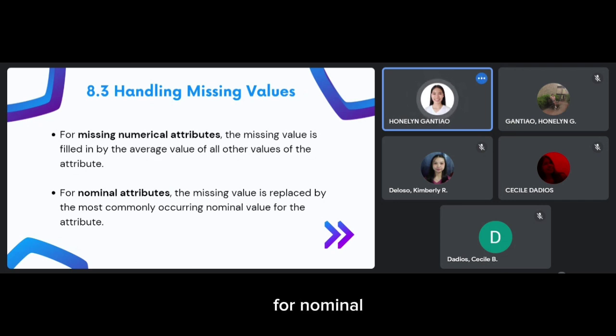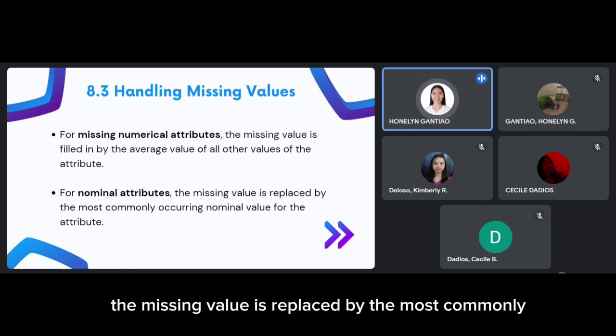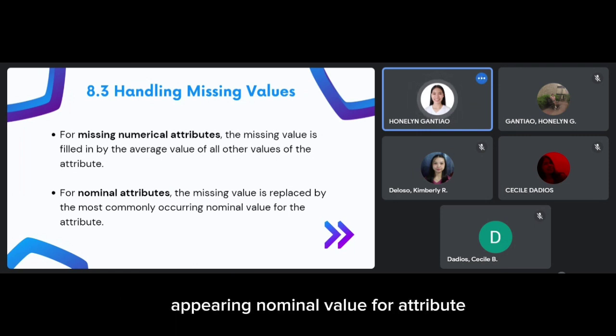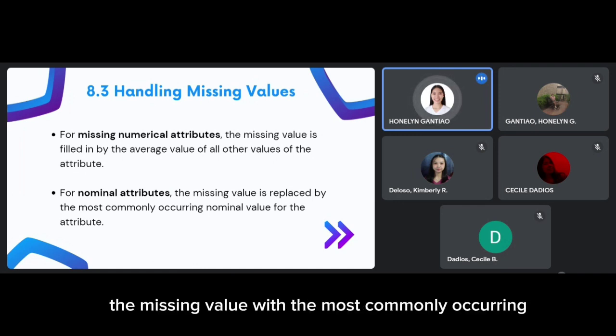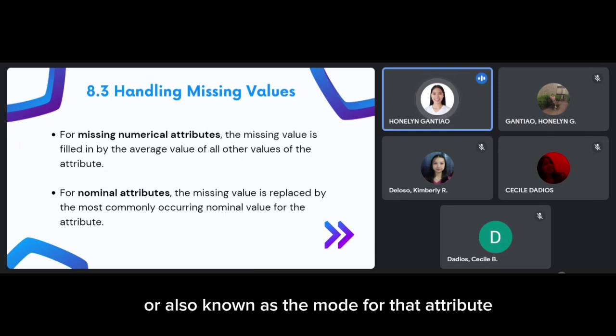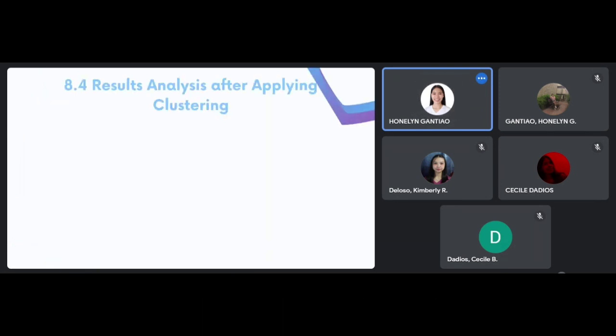On the other hand, for nominal attributes, the missing value is replaced by the most commonly occurring nominal value for the attribute. For a nominal attribute, like color, category, city, and so on, handling missing values is a bit different. In this case, you typically replace the missing value with the most commonly occurring nominal value, also known as the mode for that attribute.